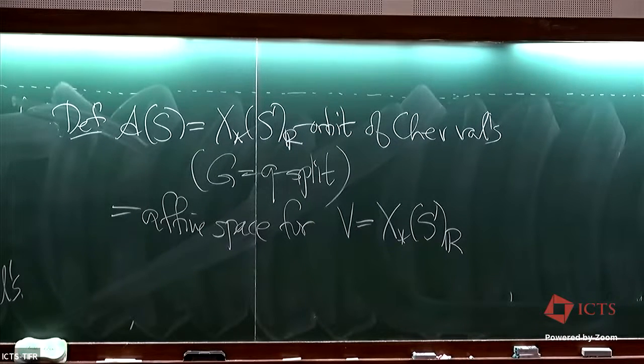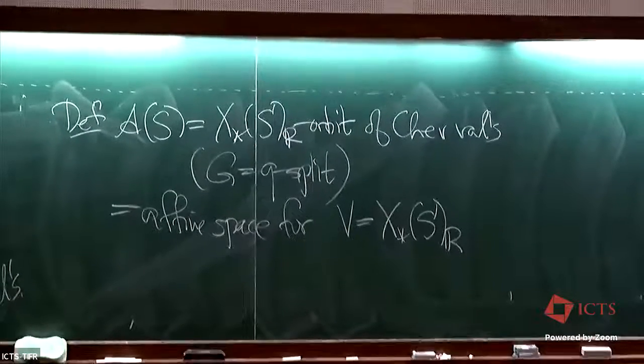Okay, so the picture in your mind is you think in R3, you have a plane through the origin, and then you have some parallel plane, right? And this parallel plane is an affine space for the actual plane, but it has no distinguished point.